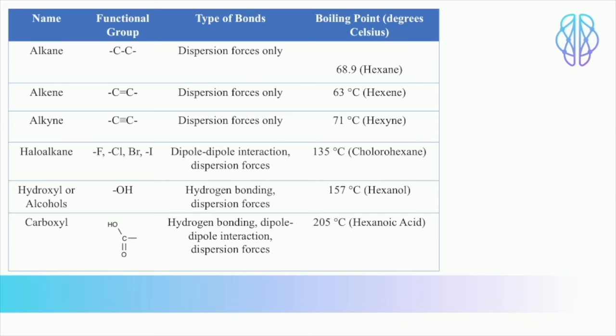Because it has a C double bond O, which can make the dipole-dipole interactions, but it also has that OH group, which can make hydrogen bonds, right? So the carboxyl has kind of an edge on the hydroxyl in that it can make dipole-dipole interactions on top of the hydrogen bonds. So thus, you see that hexanoic acid has the highest boiling point compared to all these compounds.